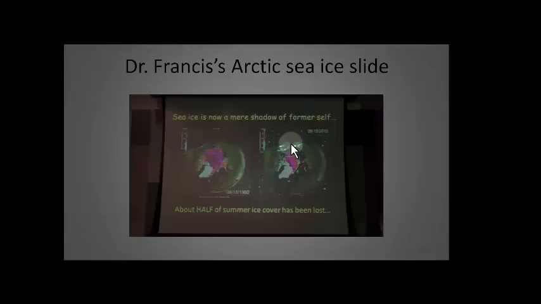Dr. Francis's area study is the rapid Arctic sea ice melt, and this is her Arctic sea ice slide. You can see the first photo was in 1980 after a period of great cold when you would expect maximum ice cover.